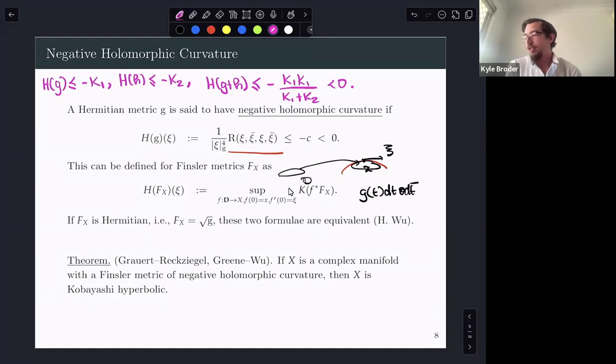So to relate this back to Kobayashi hyperbolicity and Brody hyperbolicity, there's an old result due to Grauert, Reckziegel, and Green-Wu, which says that if we have a complex manifold with a Finsler metric of negative holomorphic curvature, again, negative is understood to be bounded above by a negative constant, then X is Kobayashi hyperbolic. So in particular, every holomorphic mapping from C into X is constant.